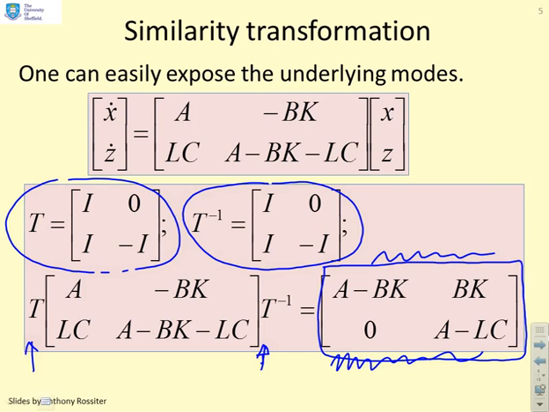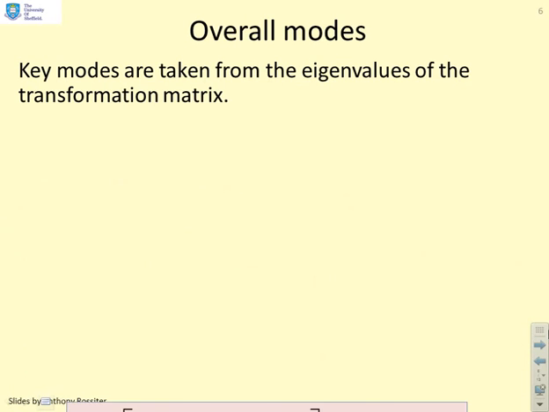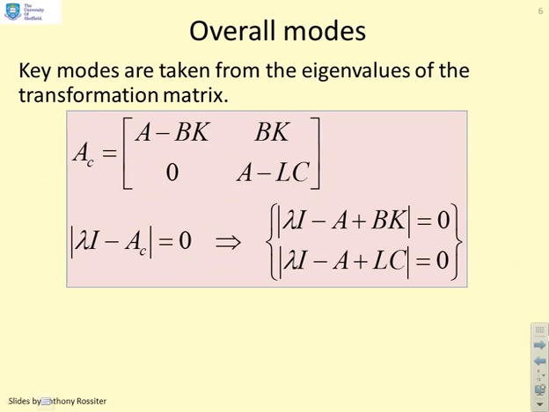But the nice thing now is I've got this 0 on the lower diagonal. So because of that, I can state by inspection that the eigenvalues of A_c are given by the eigenvalues of this block and the eigenvalues of this block. And I can do that because I've got this 0 down here.